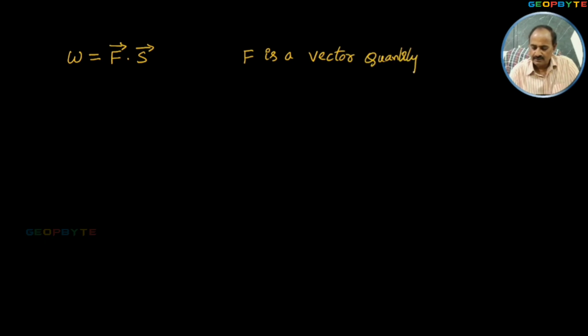That's why it is written as F bar. Displacement is also a vector quantity. Though force and displacement are both vector quantities, work is a scalar quantity.